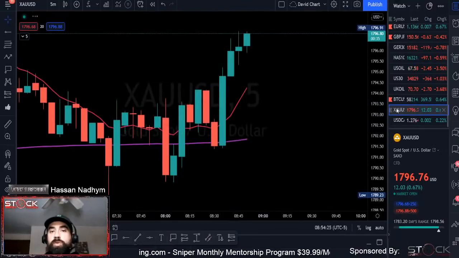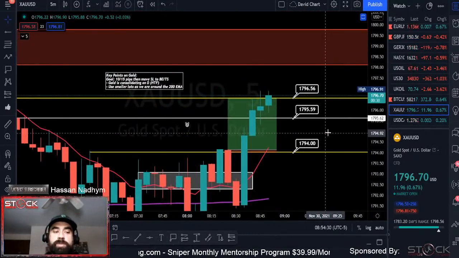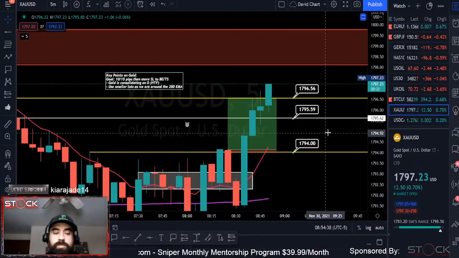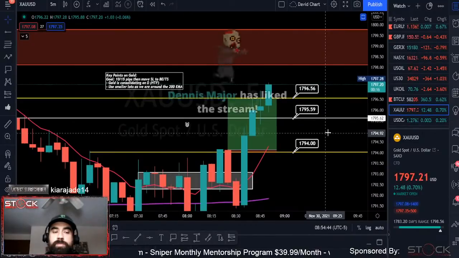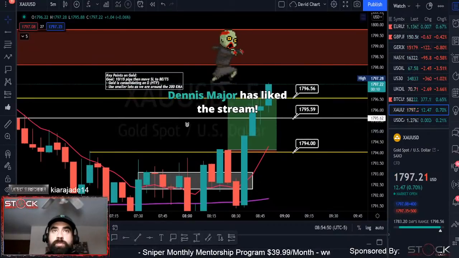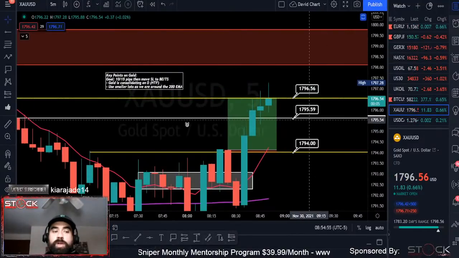Okay, so let's monitor gold now. You can see gold is starting to rise. There it is, guys. There's a continuation pump right here. Look at that pump, guys.